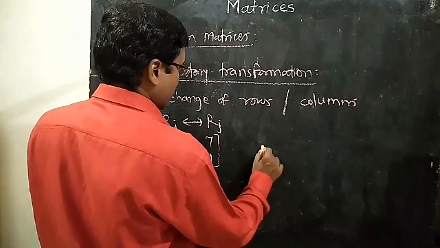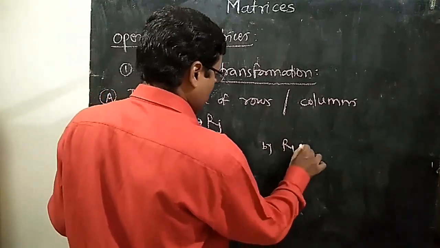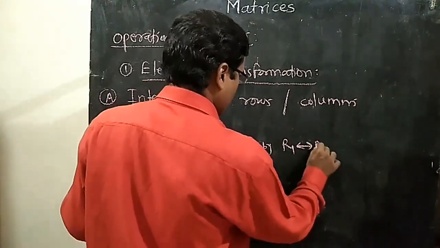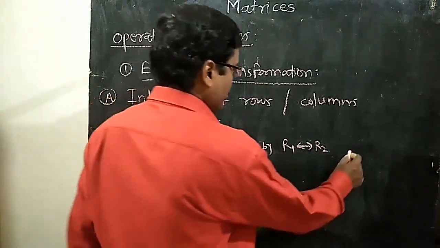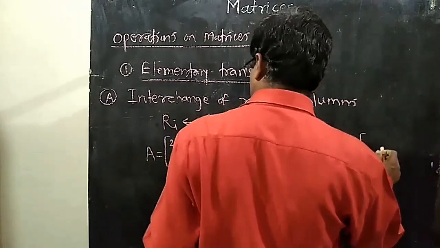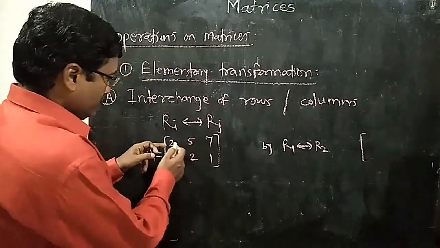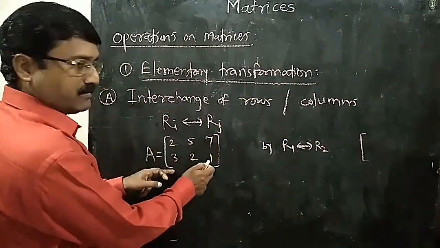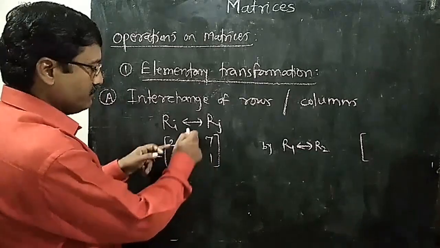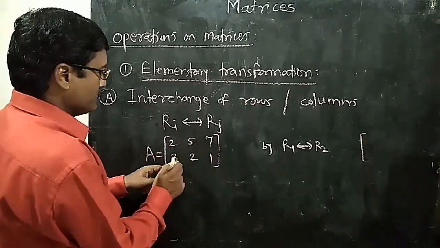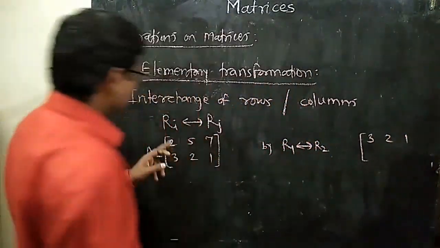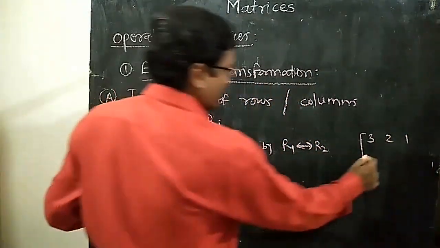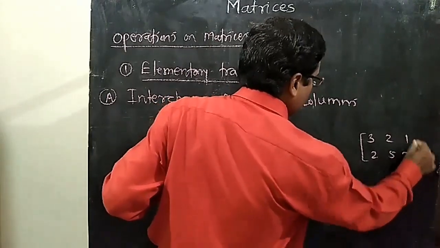If we interchange R1 and R2, we get a matrix where in the position of the first row we write the second row, and in the position of the second row we write the first row. So the second row 3, 2, 1 becomes the first row, and the first row 2, 5, 7 becomes the second row.